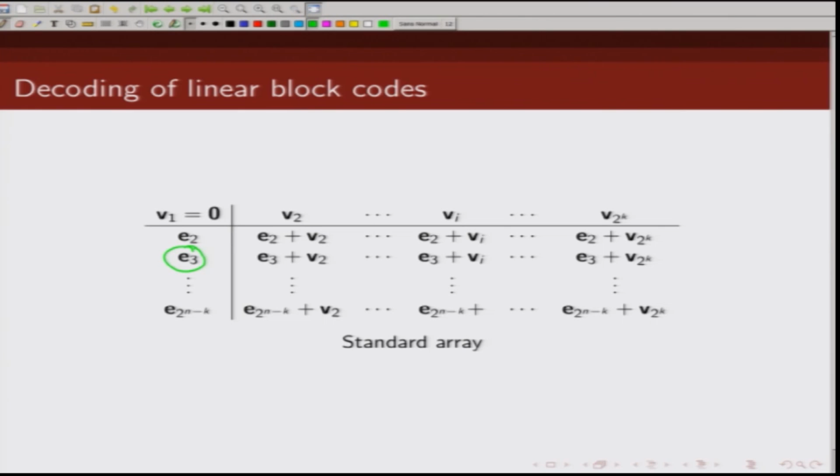E3 should not be any of the elements which have already been chosen, and should not have appeared in the previous rows of this array. I choose such an error vector and then add it to each of the elements in the first row, which are nothing but code words, and I place that element under the same column.